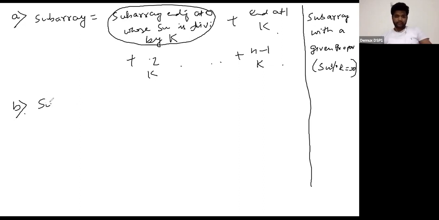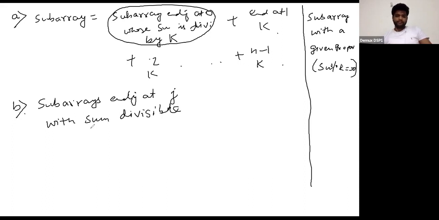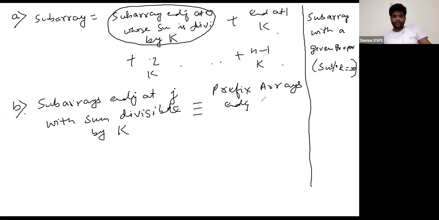So now I say that subarrays ending at j with sum divisible by k is basically equivalent to prefix arrays ending at i less than j with some other property p2, right? And in B, I have to find this property. So what is this property?